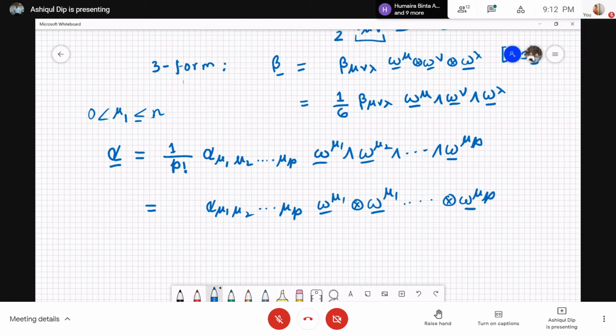That's it. So a P form is an object that can be written like this, basically. So it's a linear combination of wedge products of P number of one forms, right?